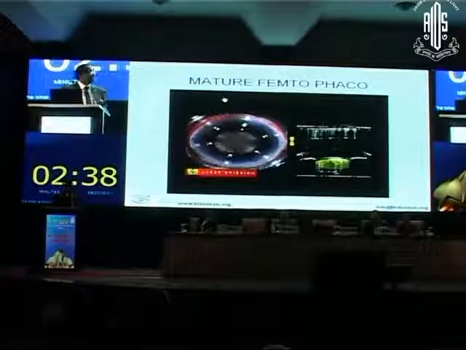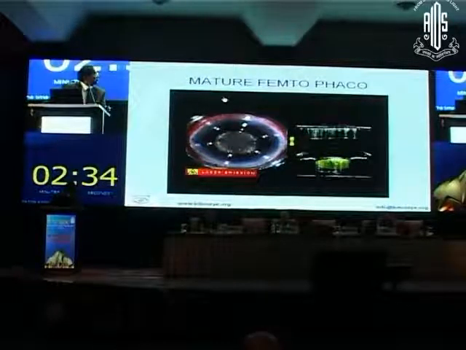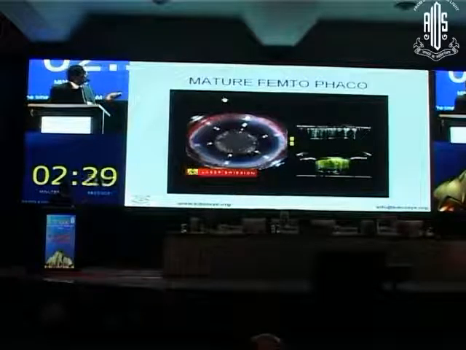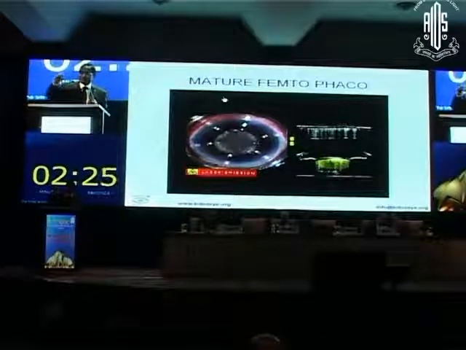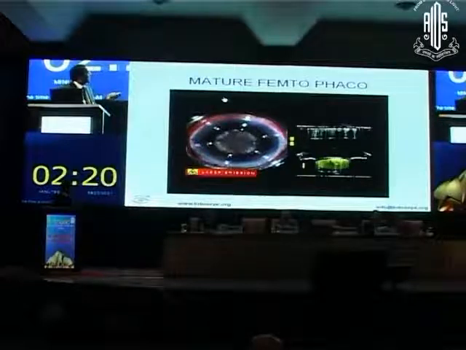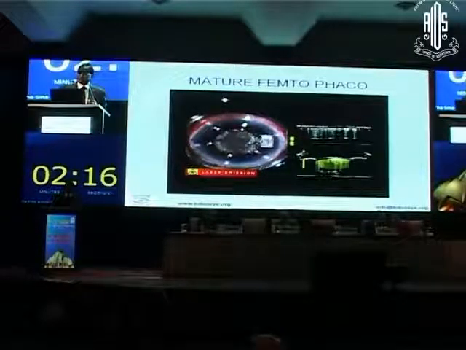I'm showing a matured cataract. What is the effect of femto in a matured cataract? You can see that the capsular excision is carried out, but you need a clear passage, a clear structure, for the femtosecond to pass through. In a dense cataract like this, you don't see much effect of the femtosecond.